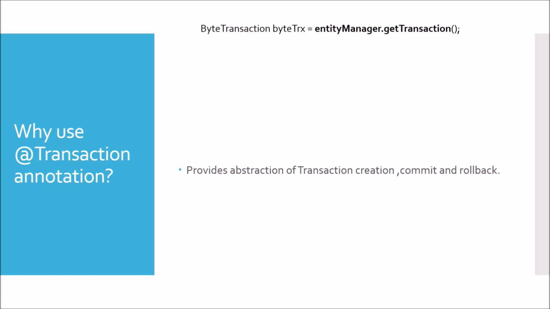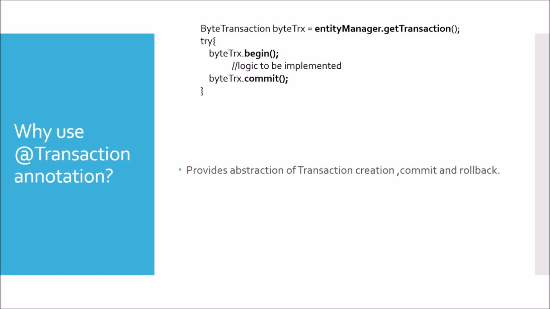So we get the transaction from the entity manager and store it in a reference variable, say trx. Now with the use of trx, we will begin the transaction with trx.begin, then implement the logic and commit the transaction. For committing, we use trx.commit.